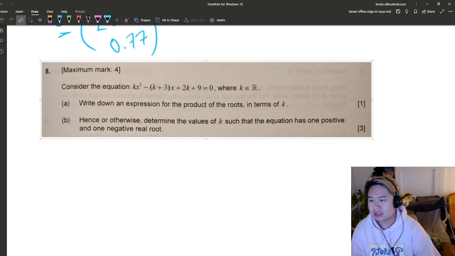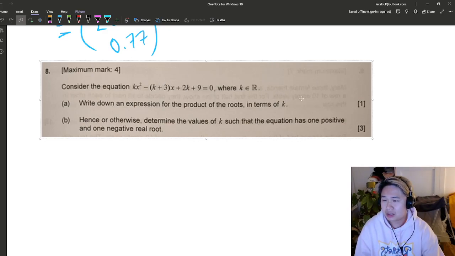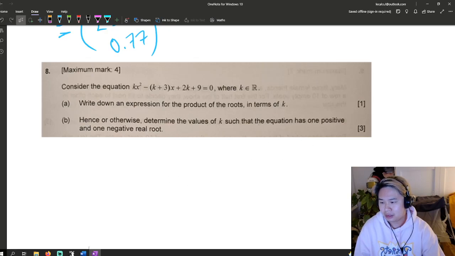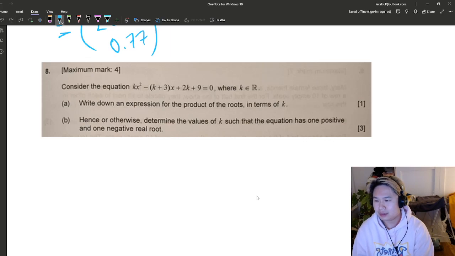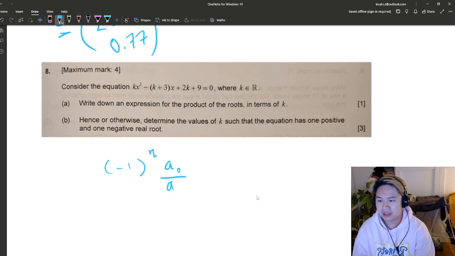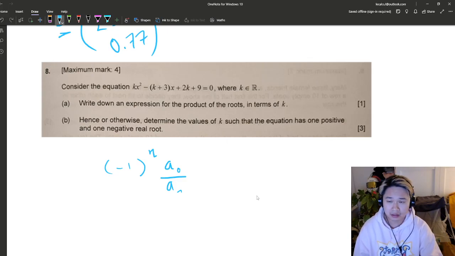Okay, consider this equation, blah, blah, blah, blah, blah. Write down an expression for the product of the roots. Okay, so you do have the product of the roots formula. So product of roots is -1 to the power of n of a naught divided by a n, I think.